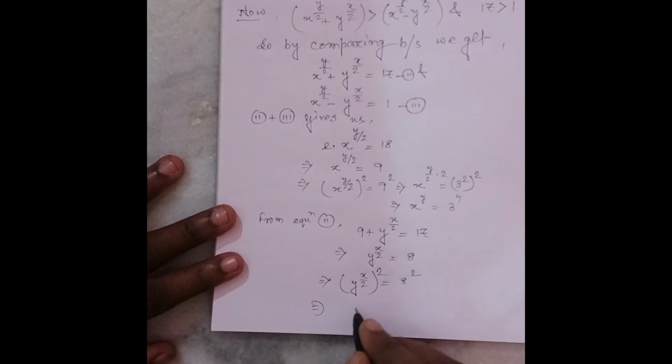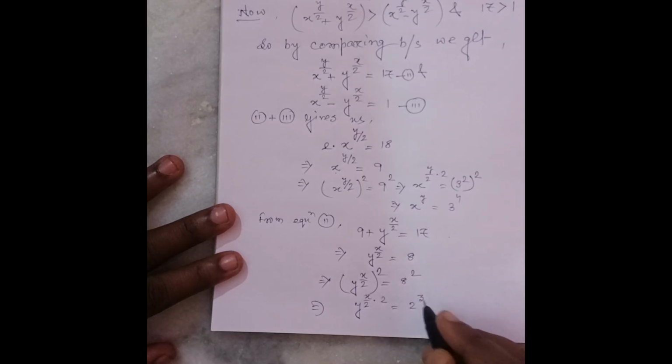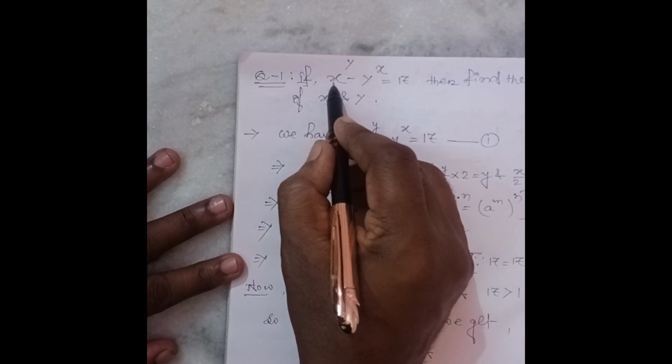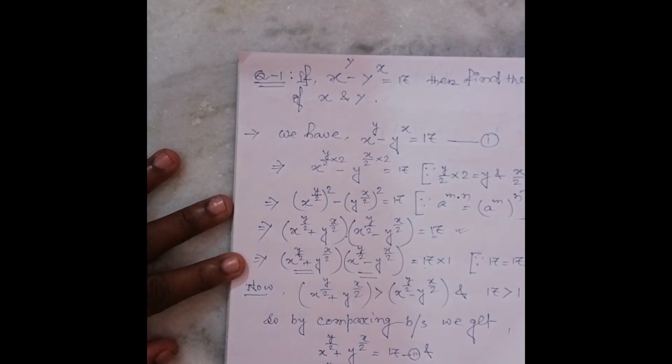this gives us y to the power x by 2 into 2 is equal to 8 square, which is 64. We don't express 8 as 2 cube here, we simply write it as 64, I will explain. Now this 64 can be written as 4 cube. Look at our given equation, x to the power y minus y to the power x.